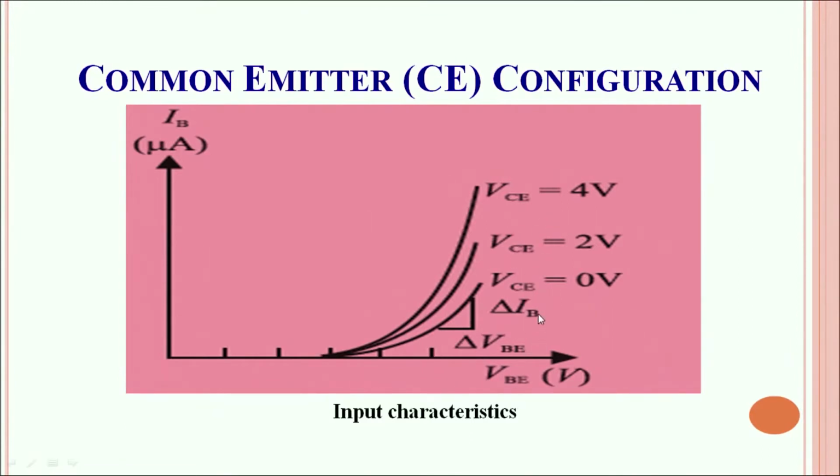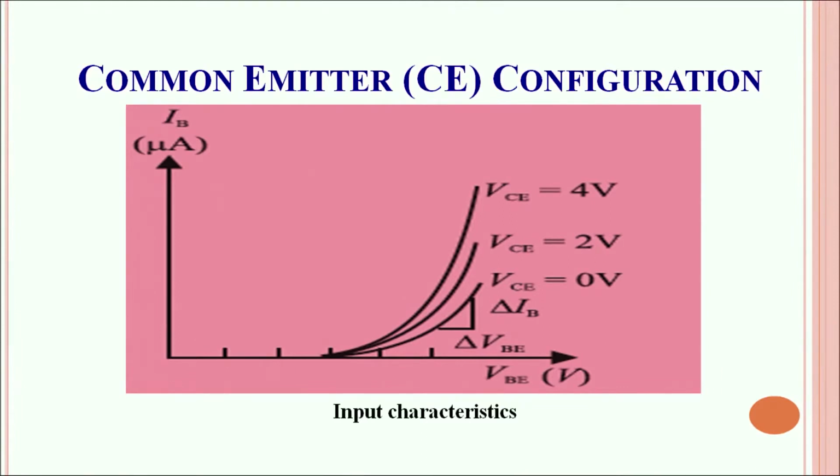For different values of the collector emitter voltage, we see different curves. These different curves indicate different resistances of the circuit. An inverse of the slope, that means delta VBE divided by delta IB, is going to be the resistance of the input circuit, which is usually of the order of 20 ohms to 100 ohms.